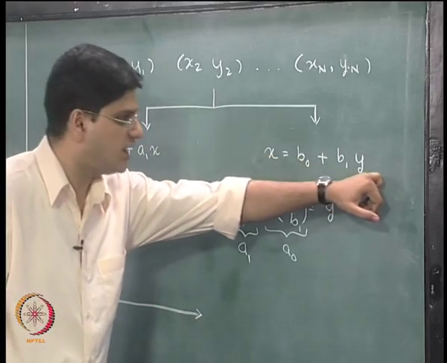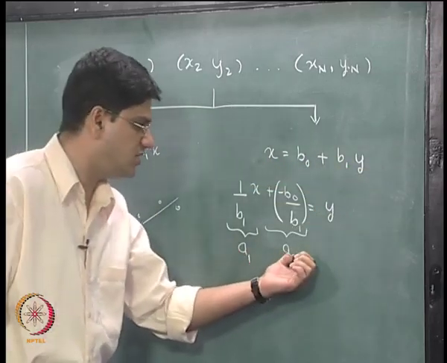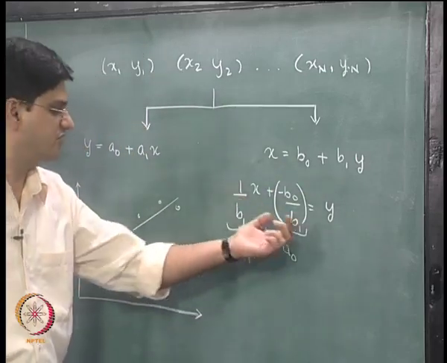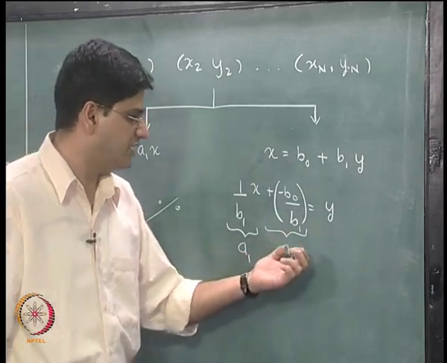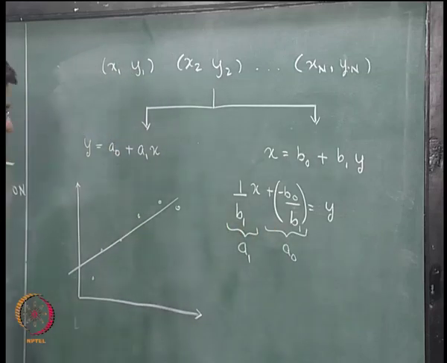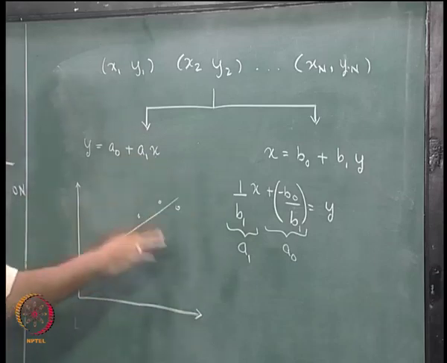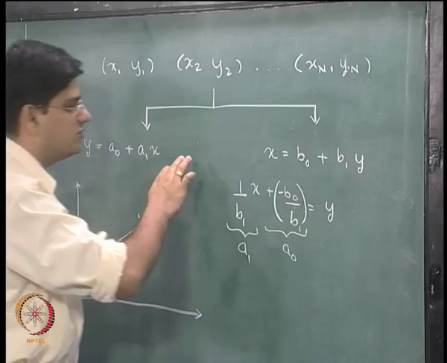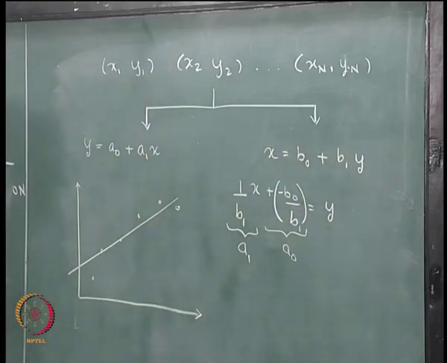When we try to fit another linear form x equal to b0 plus b1y, with a straightforward division of this type, minus b0 by b1 and 1 by b1, we will get this converted into y equal to a0 plus a1x. Now the question is, the line y equal to a0 plus a1x obtained from this method, and the line obtained from the other method, are they going to be one and the same line or not?